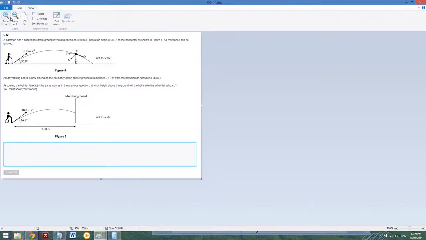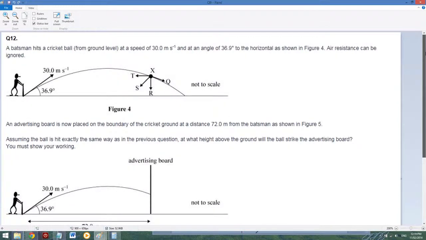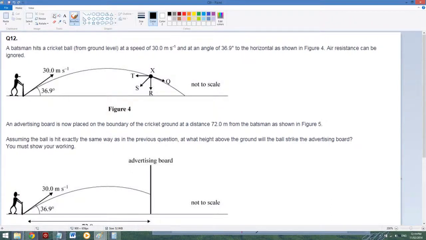Well, we don't consider it now. So it is gravity. Okay, so D will be your answer. At point X, force acting down. At point Y, force acting down. Because gravity is the only force acting on the ball while it's flying.